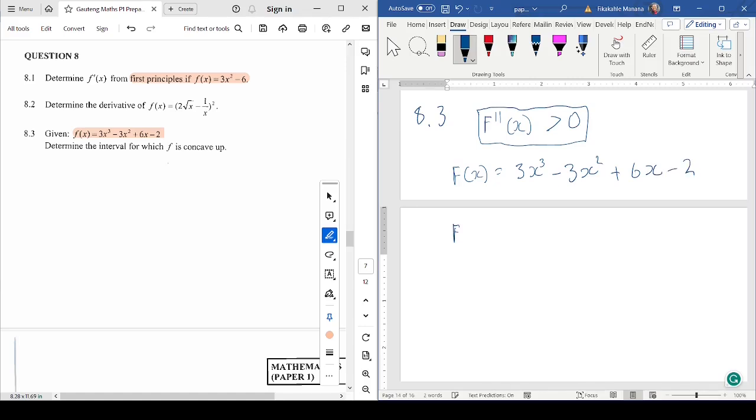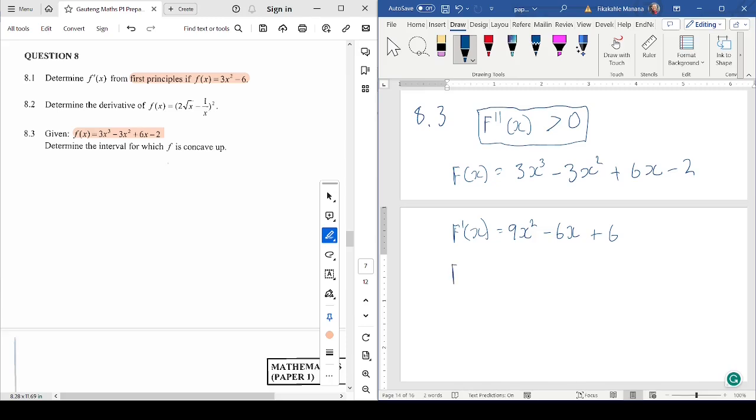And then f prime of x, the first derivative: 3 times 3 is 9, x to the power 3 minus 1 is 2; 2 times negative 3 is negative 6, x to the power 2 minus 1 is just 1; plus 1 times 6 is 6, 1 minus 1 is 0, and there's no derivative for a constant or number.